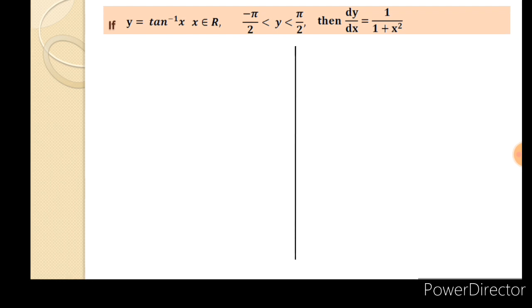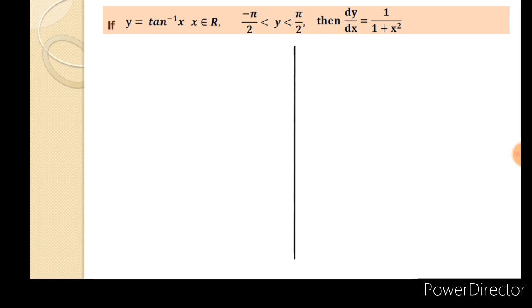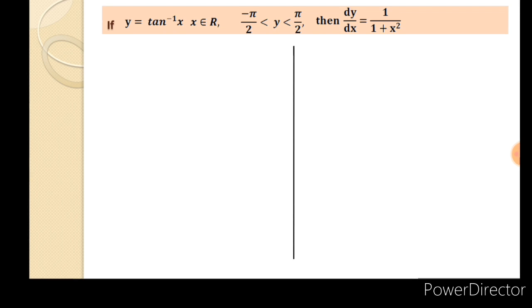For this condition x is equal to tan y is one-one and onto, so its inverse exists. This is the must condition for existence of this inverse function, and if the function is in this form with these conditions, then only its derivative dy by dx will be 1 upon 1 plus x square. So we'll go for the proof.